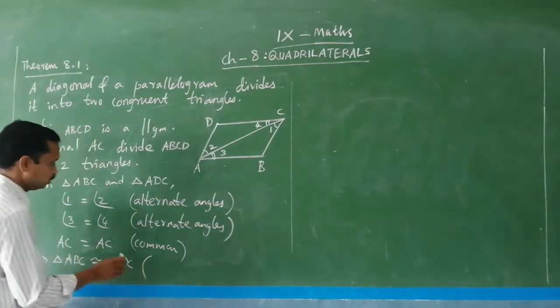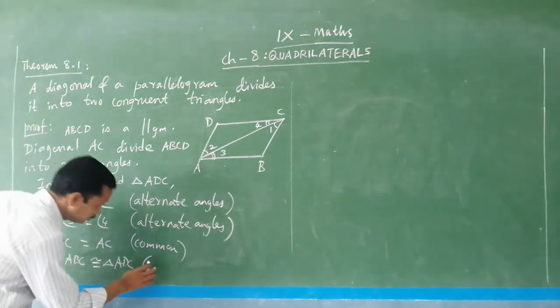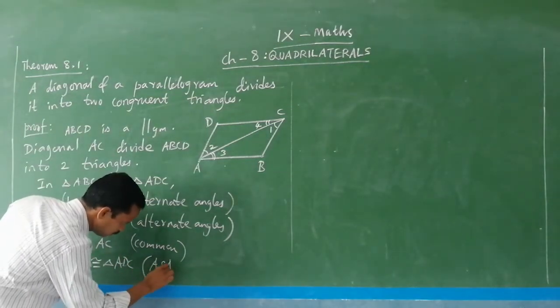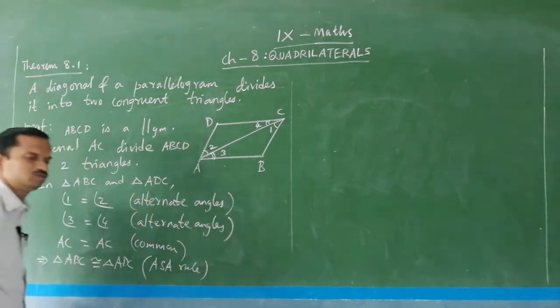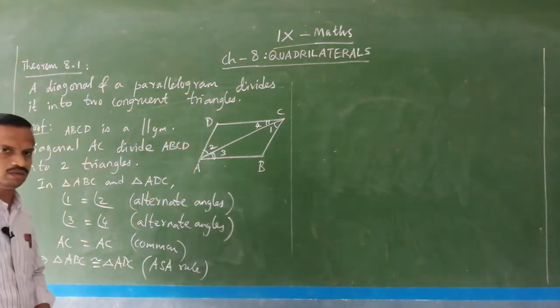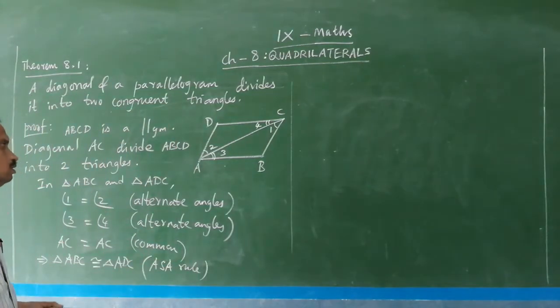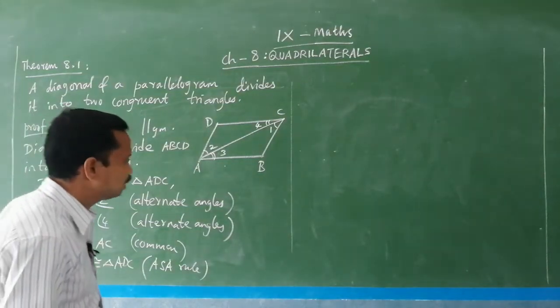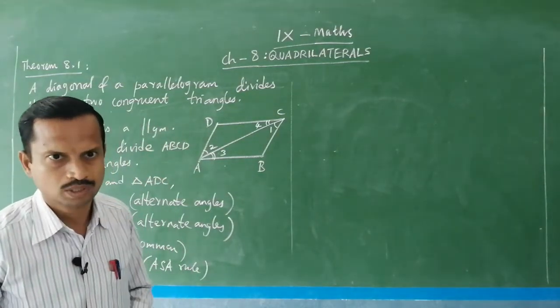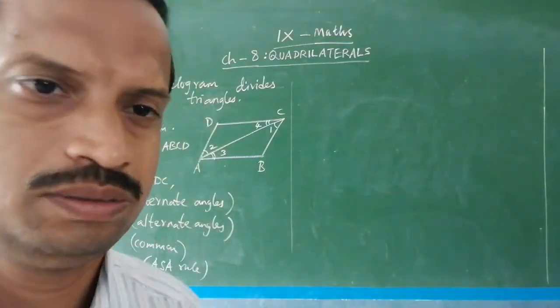What rule? Two angles and a side. So, by the ASA congruence rule, we can say these two triangles are congruent. That is all. So, we can say that diagonal AC divides the parallelogram ABCD into two congruent triangles. That is all the proof. And now, we move to the next.